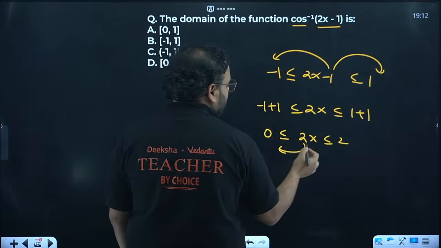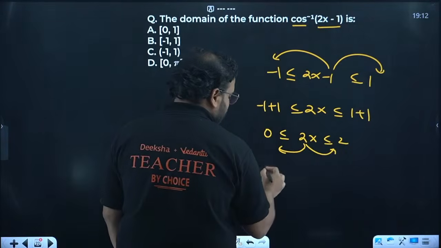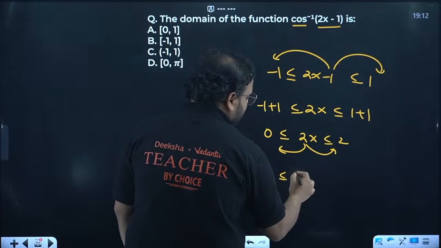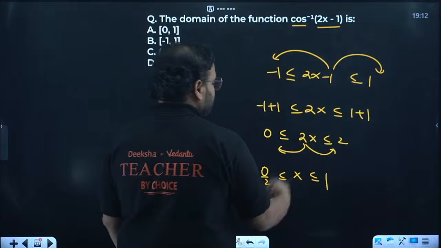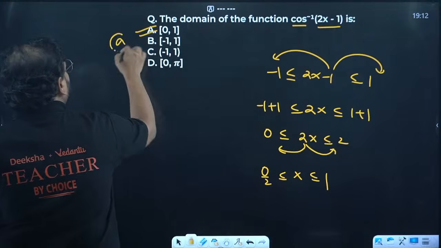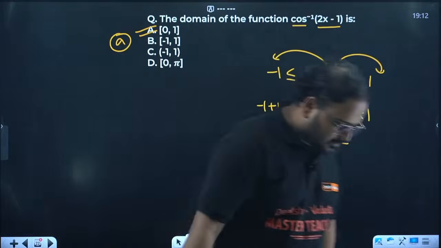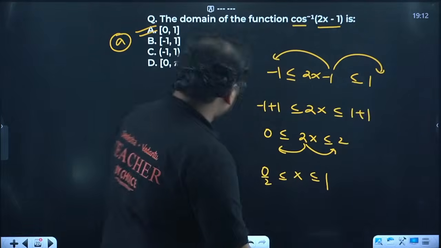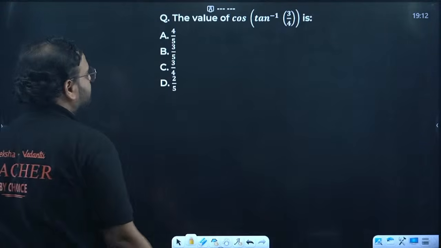Now divide by 2 on both sides: 0 ≤ x ≤ 1. So my answer is 0 to 1. What are your answers, guys? Yes, A is the right answer. Very good. Thank you for your participation.